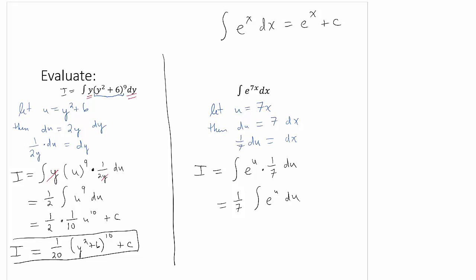The integral of e to the u du is e to the u, and then plus a constant. And then I'll replace the u with what we used for the substitution. And so I'd have 1/7 e to the 7x plus a constant.